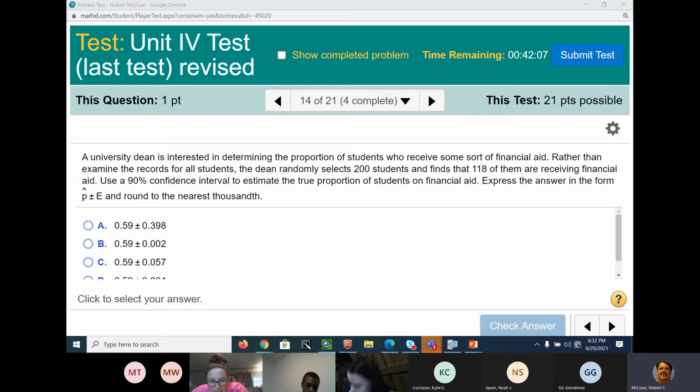A university dean is interested in determining the proportion of students who receive some sort of financial aid.